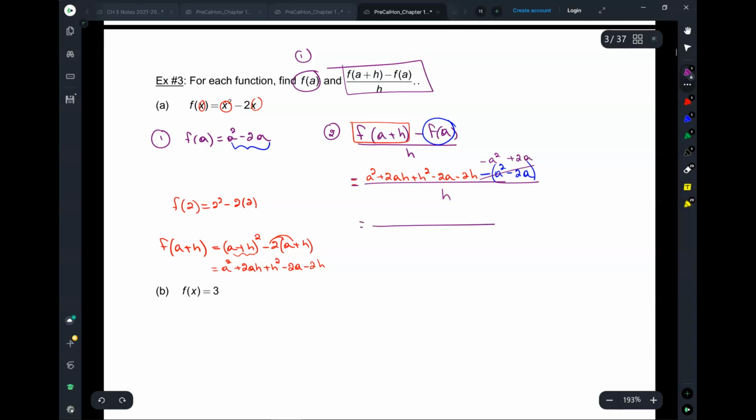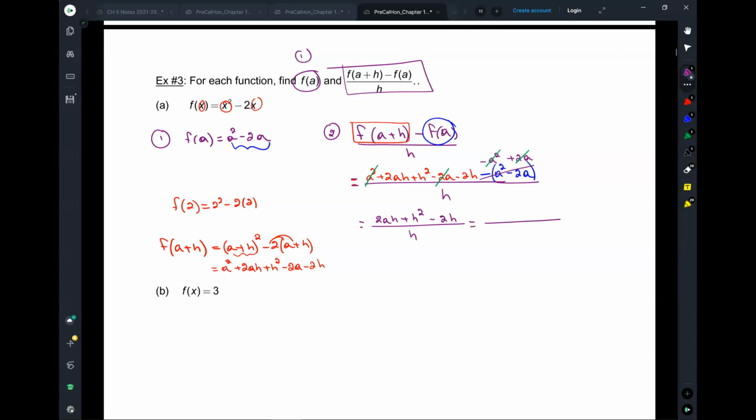So let's see what happens now. A squared minus a squared goes away. Negative 2a positive 2a goes away. So what I have left is 2ah plus h squared minus 2h all over h. Okay?